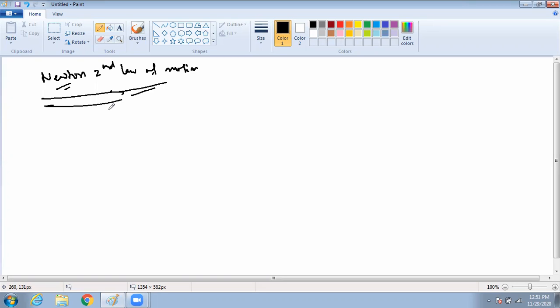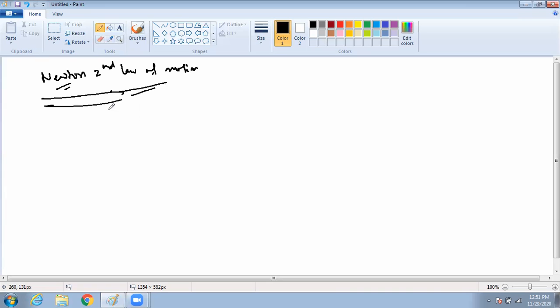I will again repeat. The acceleration of a particle as measured from an inertial frame is given by the vector sum of all the forces acting on the particle divided by its mass.